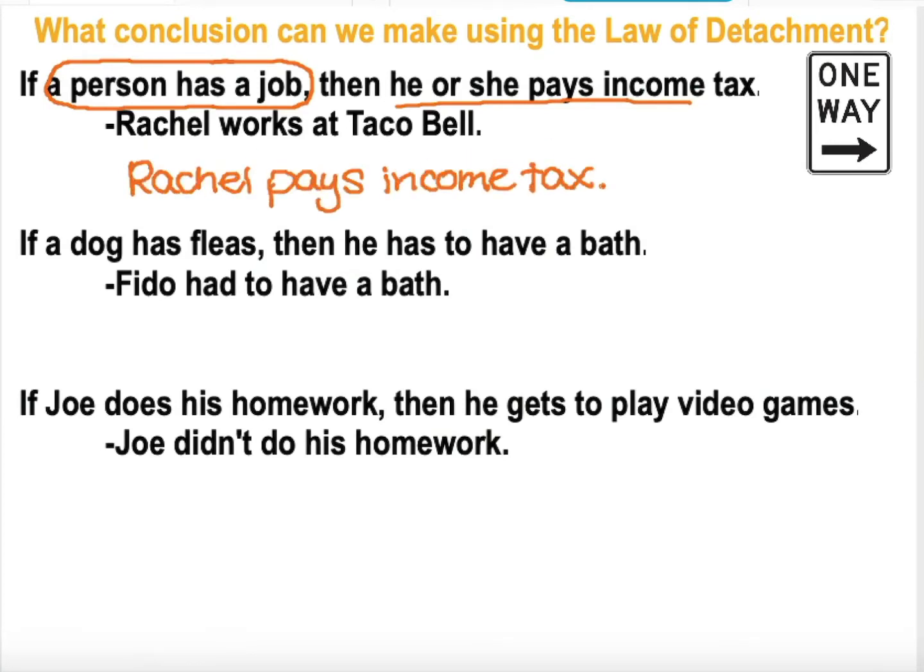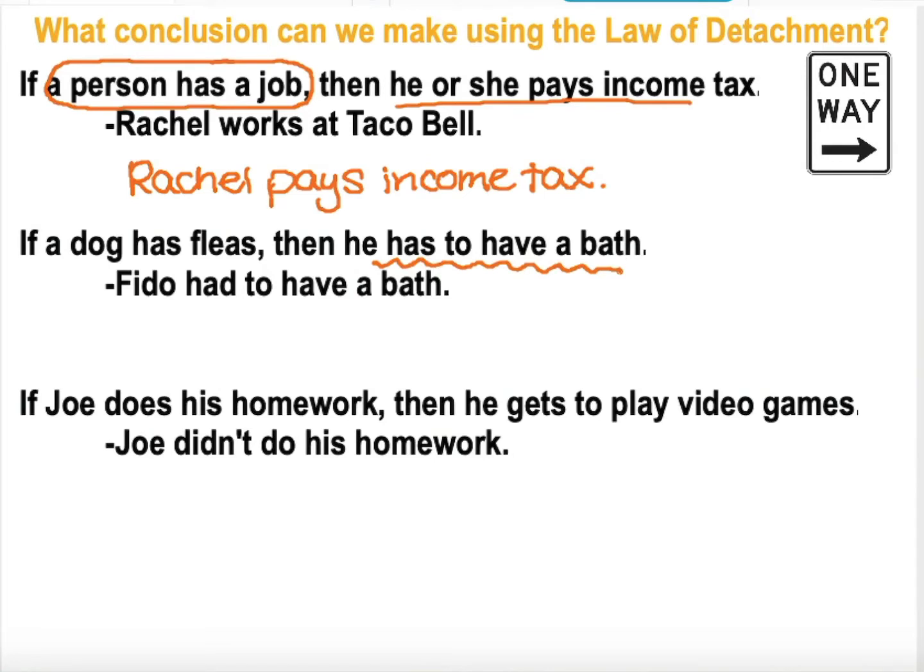The next one, if a dog has fleas, then he has to have a bath. Fido had to have a bath. What did we find out? Did we find out that the if part came true? That's not the information they gave us, was it? They told us that Fido had to have a bath.